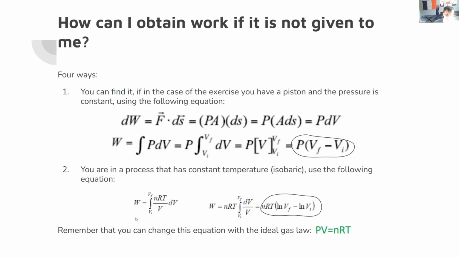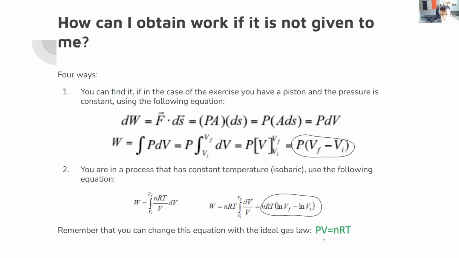So if the temperature remains the same throughout the change between two states, work is equal to this equation, and you can replace nRT with pressure times volume if you have an ideal gas, or other forms.